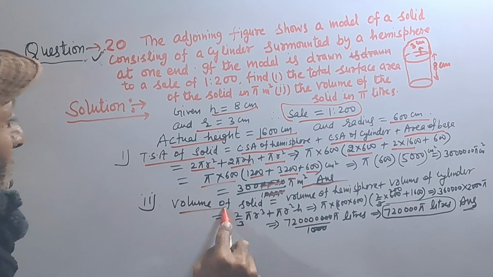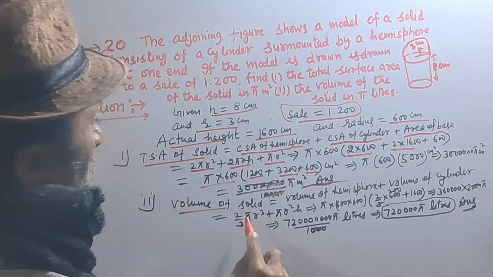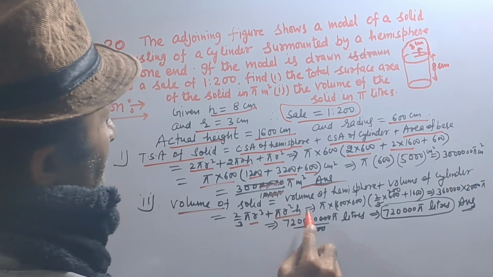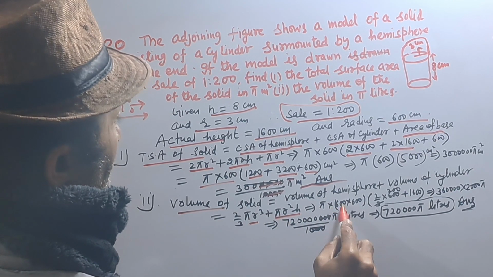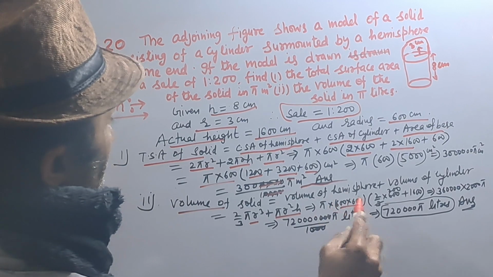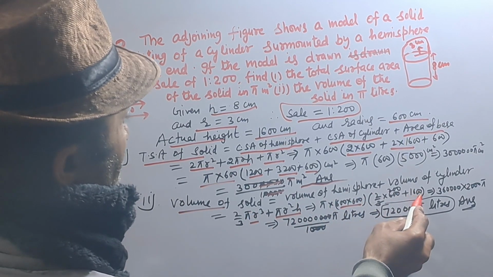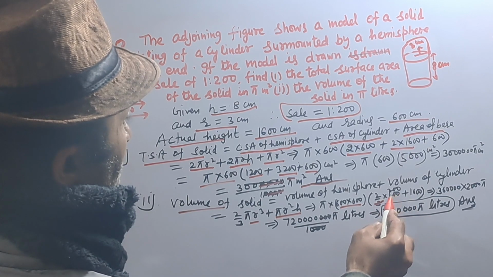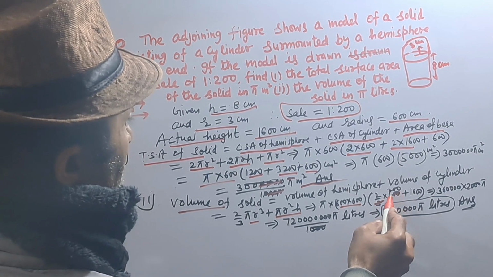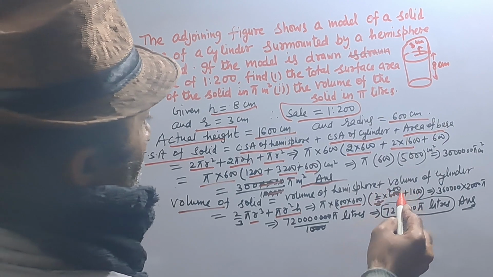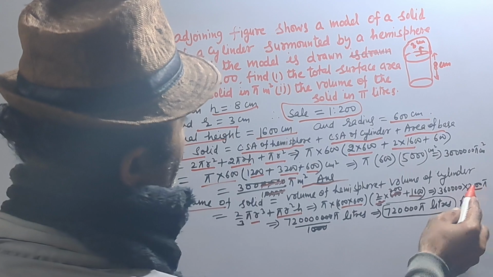Answer. And the volume of the solid is the volume of the hemisphere plus the volume of the cylinder, that is 2/3 pi r cube plus pi r square h. Pi r square is taken common in bracket: 2/3 r plus height, that is 1600. This is cancelled by 3. 200 3s are 600 and 2 2s are 4. 400 plus 1600 is equal to 2000 pi.